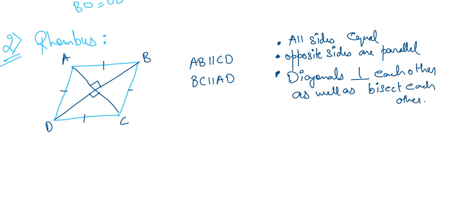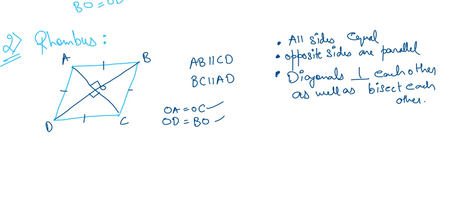So if I have O as the intersection, I would write OA equal to OC, and OD equal to BO. This is basically a bisection property. Other than these three, I have no other property.